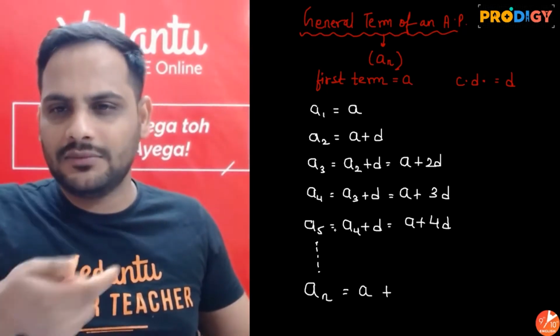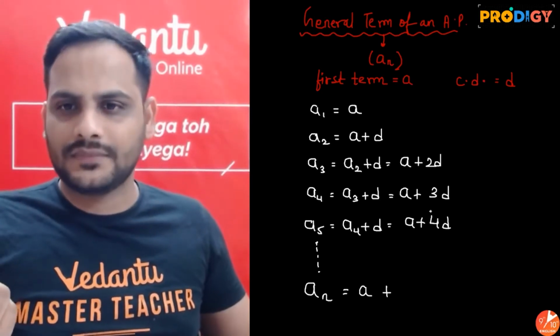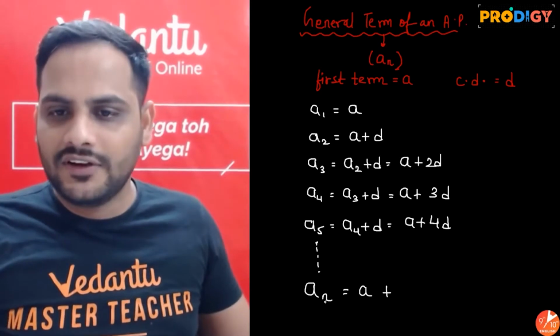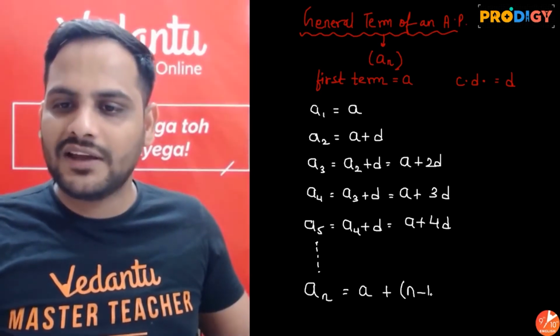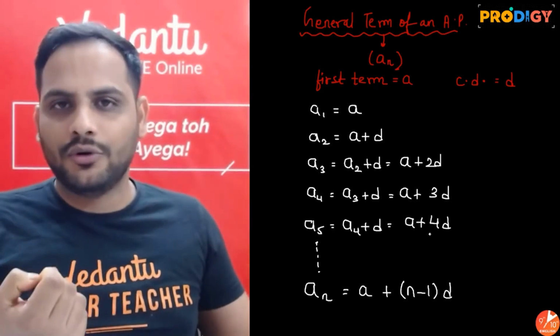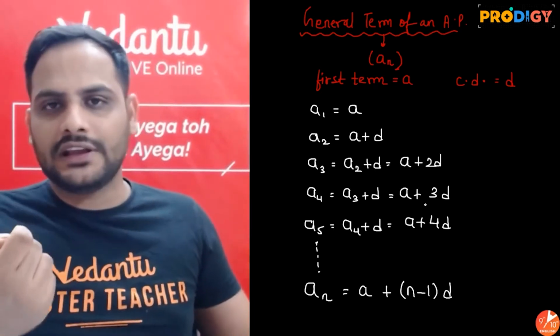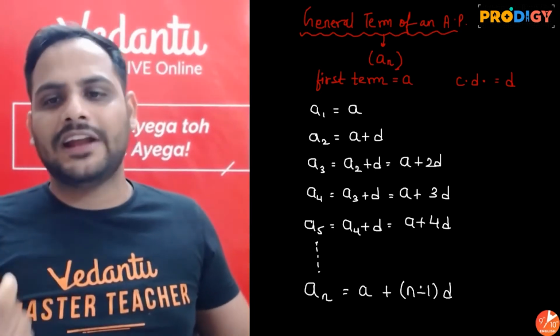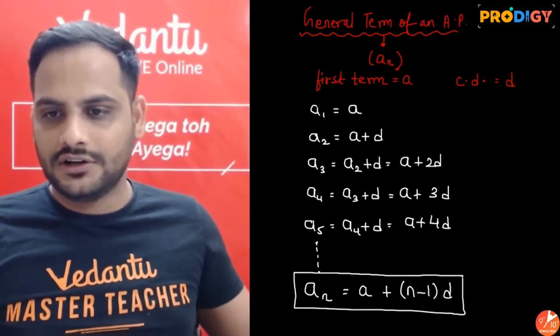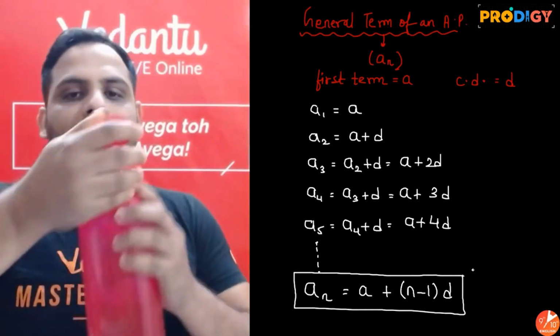If it is the fifth term, D is 5 minus 1 times. If it is the fourth term, D is 4 minus 1 times. So if it is the nth term, it will be n minus 1 times D. One less, right? Fifth term, so 4. Fourth term, so 3. So here for the nth term, it is n minus 1 times D. So this is the formula for the general term of an AP.